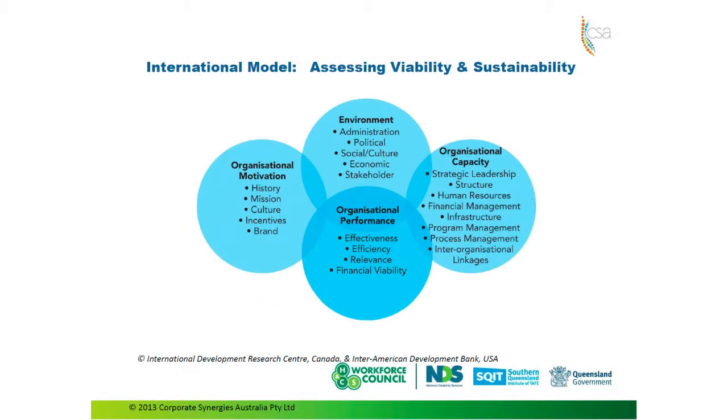So let's look at the international model of assessing viability and sustainability. The slide coming up now shows those 4 key areas just mentioned, plus the key discussion points under each of those. So if we consider environment, we are talking about Australia's administration, political environment, overall social and cultural environment, such as our acceptance of not-for-profit organisations and their position within the community, our economic environment, and also the stakeholder environment.